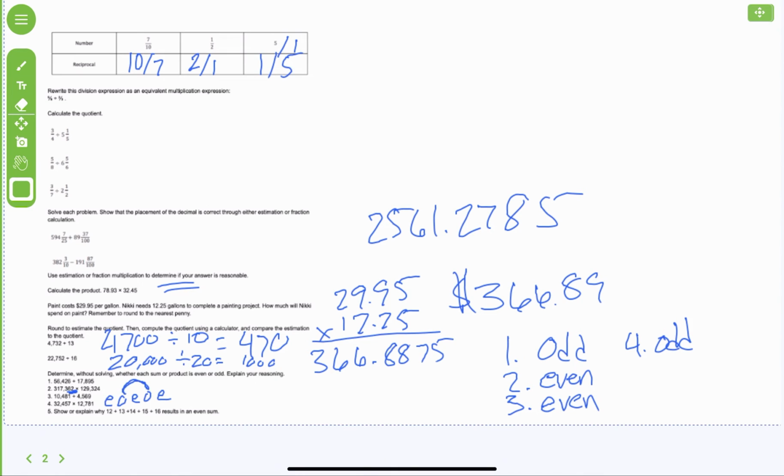Since I have 2 odds right here, when I add 2 odds, I get an even. And then if I add more evens, I'm going to keep getting evens, right? So that is why that would be an even. An odd plus an odd is equal to an even. And if I add evens, those equal evens all the way. Okay?